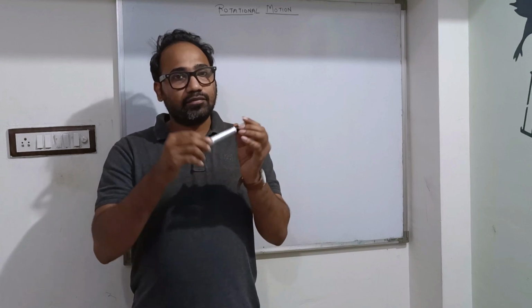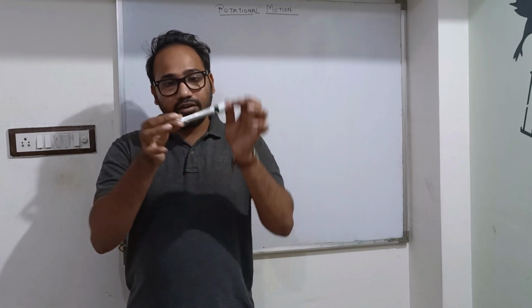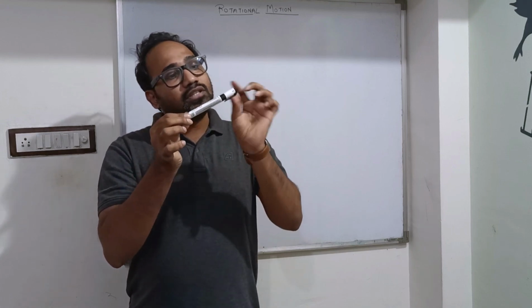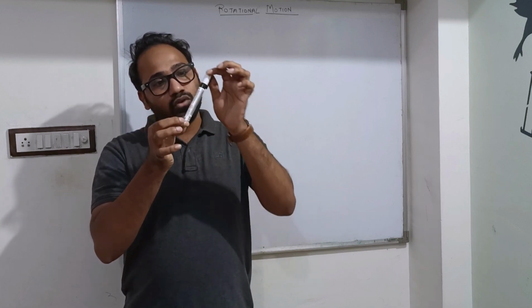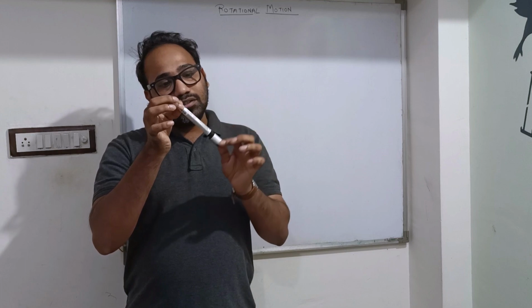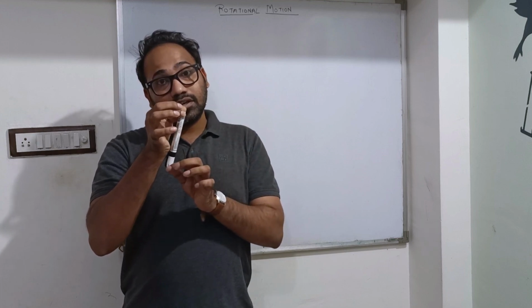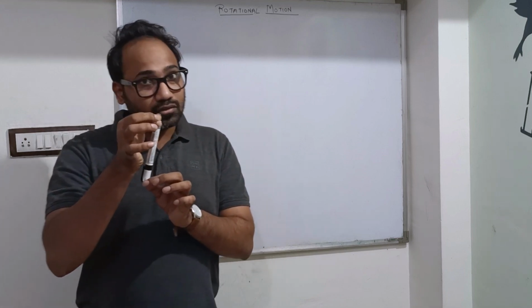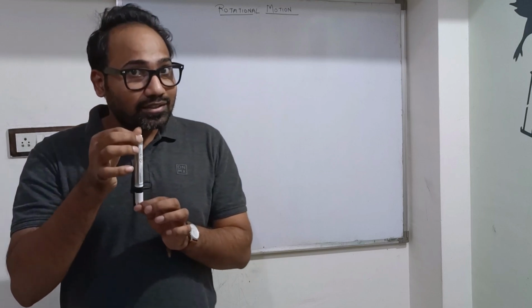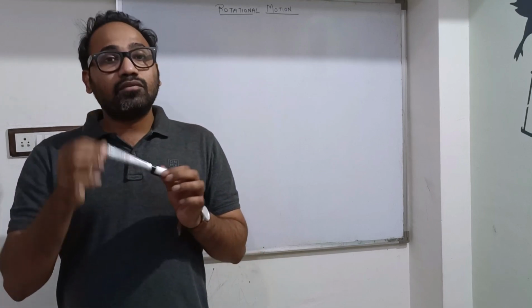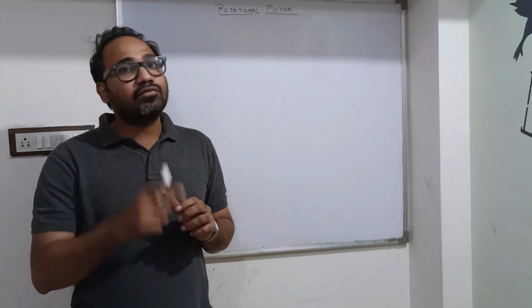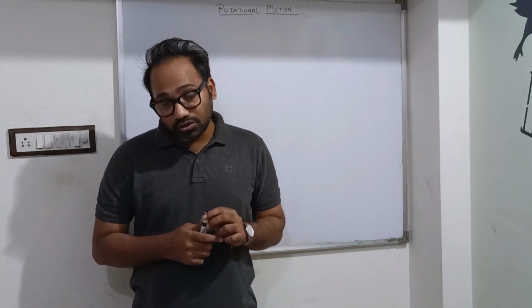As you can see, if I rotate this pen, each and every particle's direction is continuously changing. Since the velocity is continuously changing, it is an accelerated motion. We call acceleration the change in velocity. So that is the first characteristic of rotational motion.